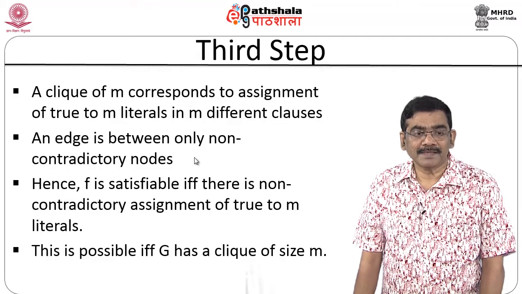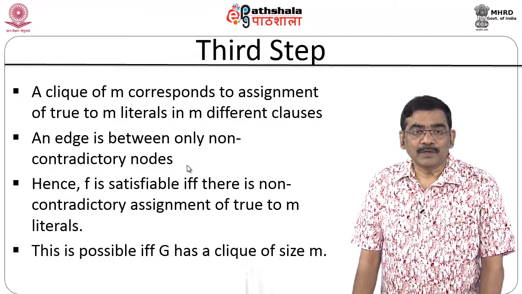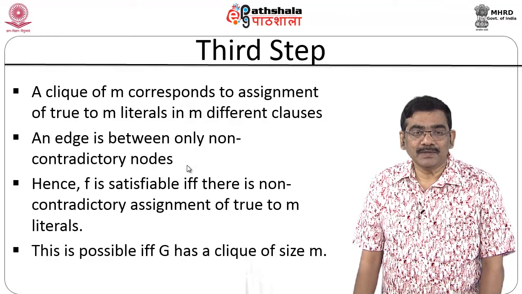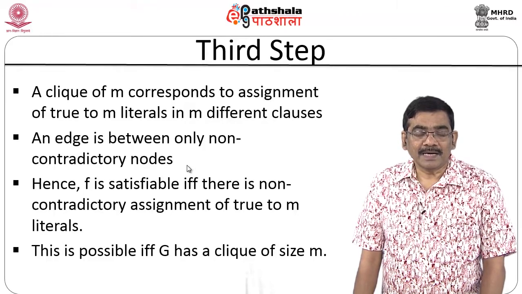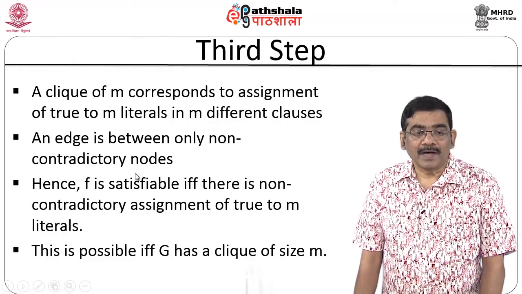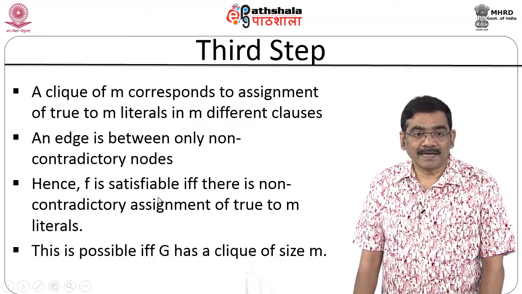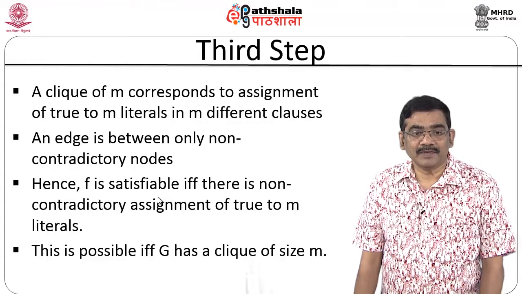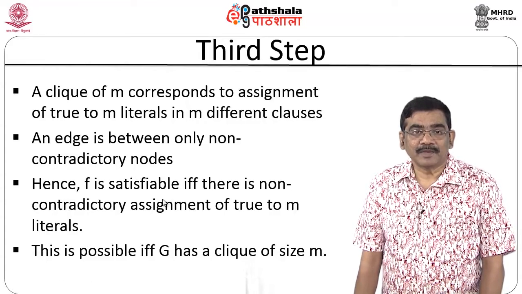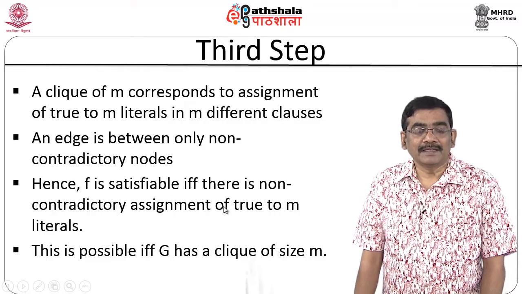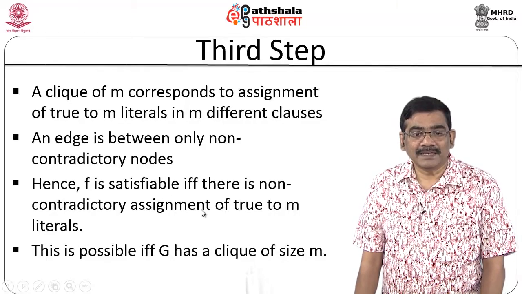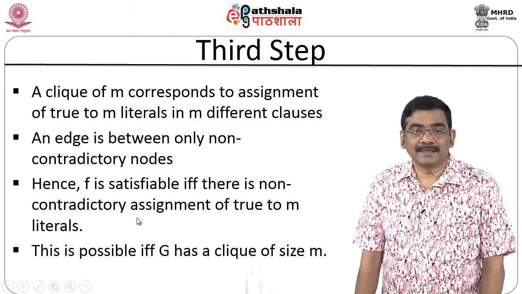So, true can be assigned either to x1 or to x1 bar. Having said that, we can make a claim that f is satisfiable if and only if there is a non-contradictory assignment of true to M literals.